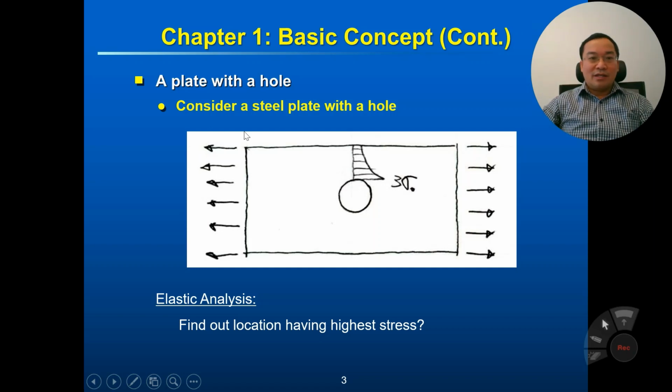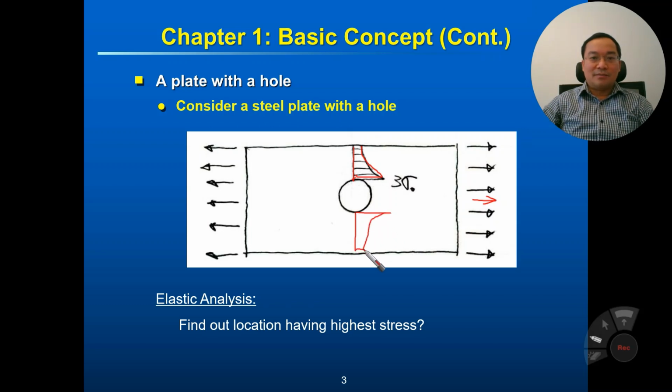So as you know, this point has the highest stress. If it is loaded, then the stress here has a diagram like this. So this point is the highest stress, and on this side they are similar.